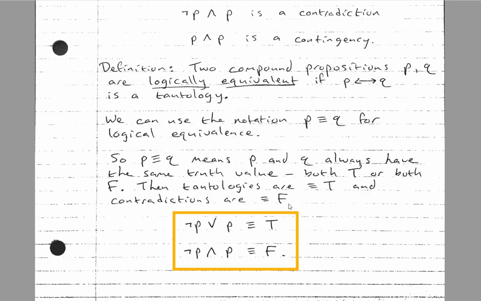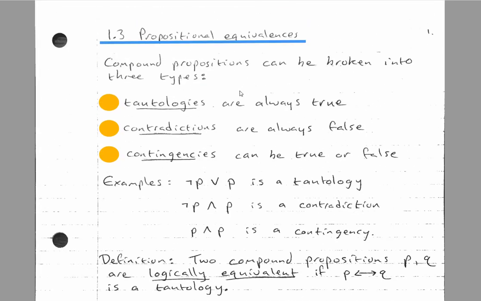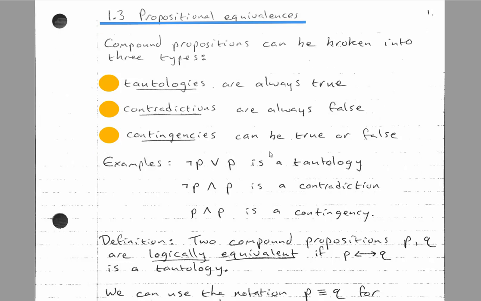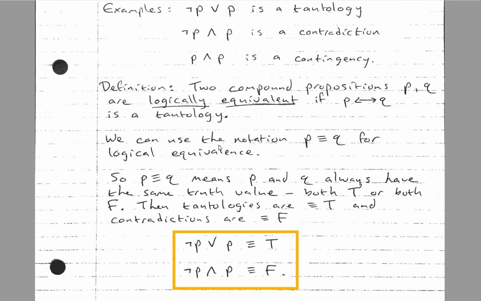Contradictions are equivalent to F. So not P or P is equivalent to T. Not P and P is equivalent to F. We're getting used to these new definitions and notation.